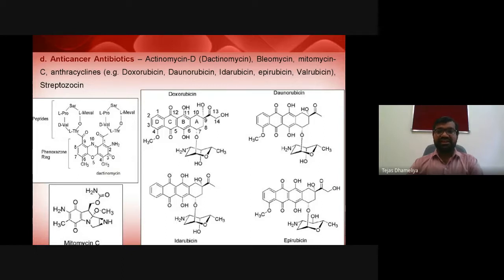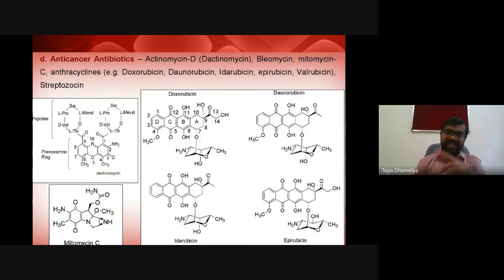So what are antibiotics? Antibiotics are simply substances which generally cause inhibition of microorganisms. But their potential source is generally microorganisms.